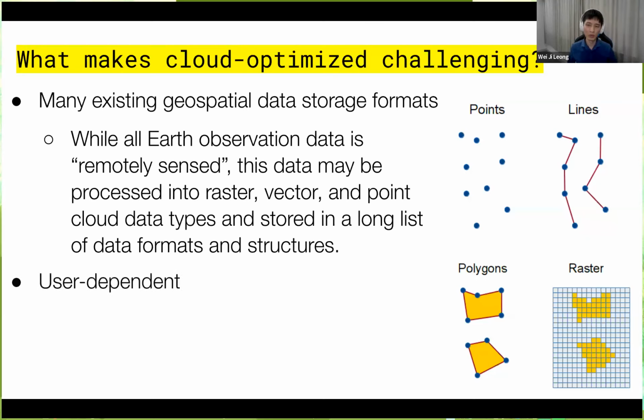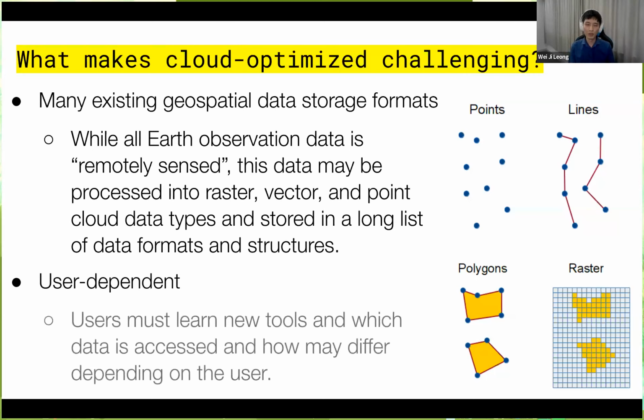And you might want to store things differently than just a raster. So that brings up the case that cloud optimized isn't just one thing. There are many different ways of doing things. And in the next few minutes, we'll walk you through how you can use different types of cloud optimized file formats.